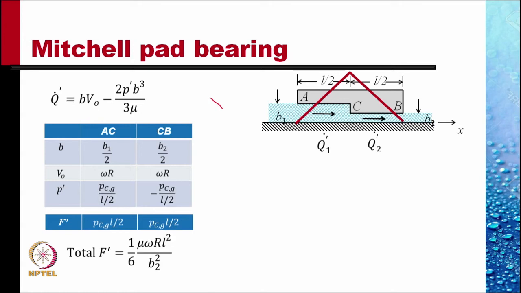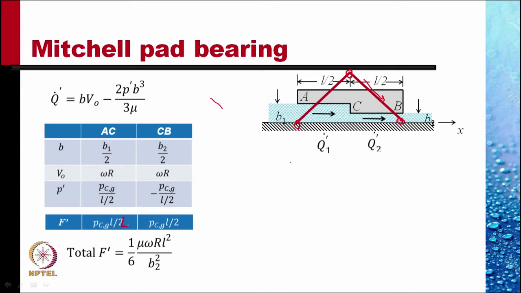The pressure in the first part AC is rising from 0 to PCG, and in the second part the pressure is decreasing from PCG back to 0. So pressure acting on the part AC varies from 0 to PCG. The average pressure is PCG divided by 2. And so this is a force per unit length that we found.